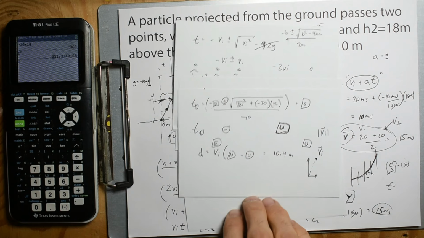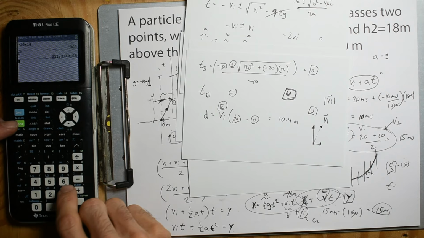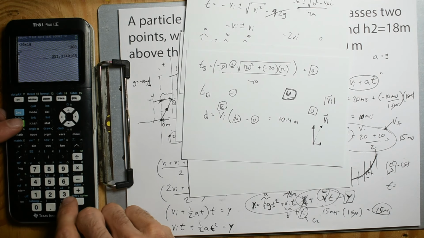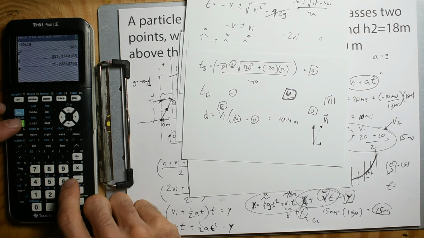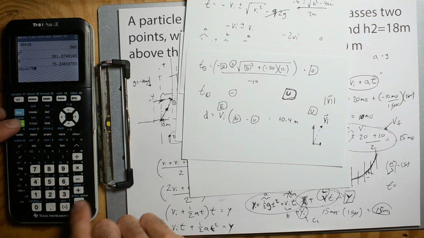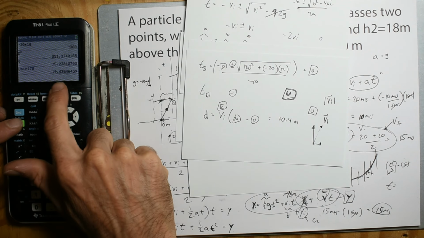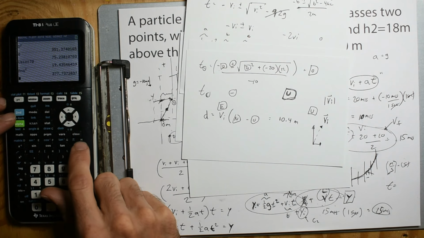I don't know, let's just do more guess and check. So this angle of 75, we're not going to go to 65, we're going to go to 70. So I'm going to go alpha u sine 70, and that's going to be 19.43. Square it, and that's going to be 370.